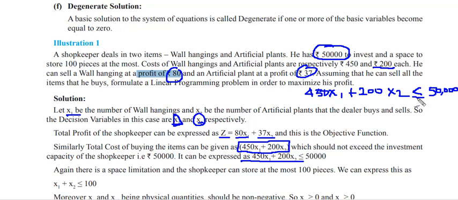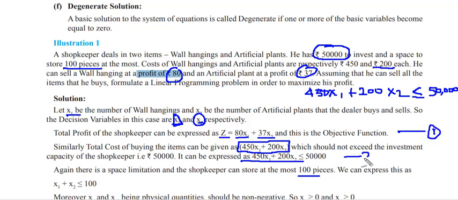Second is we have a space constraint here. We can only store 100 pieces. So again there is a space limitation and the shopkeeper can store 100 pieces at most. So x1 plus x2 should be less than or equal to 100, right? So this is the second constraint. This is the objective function, say equation 1.